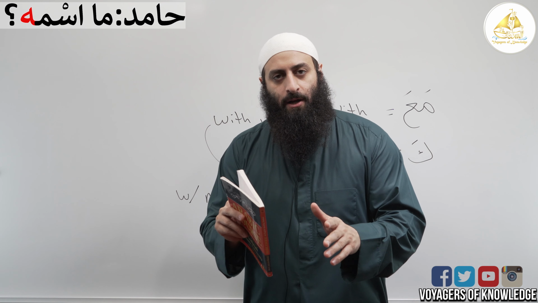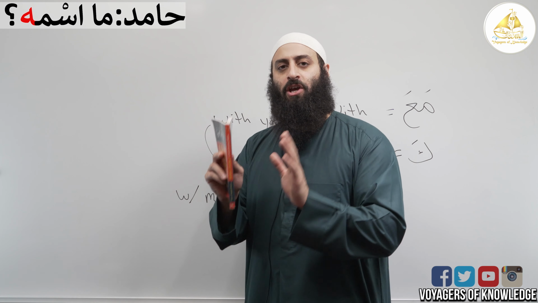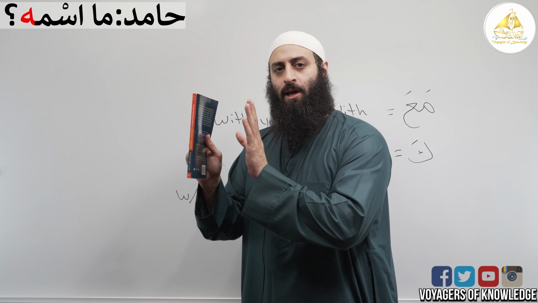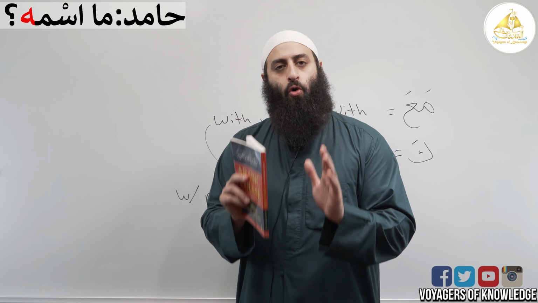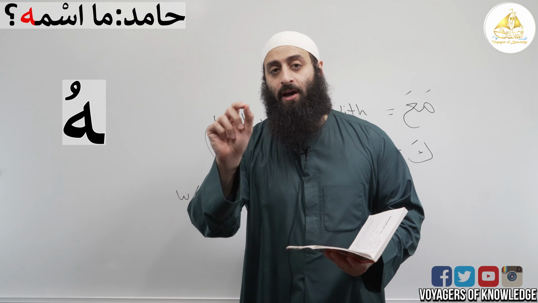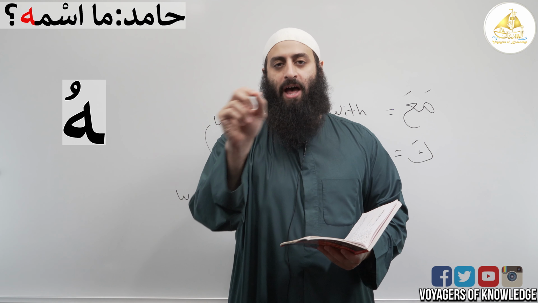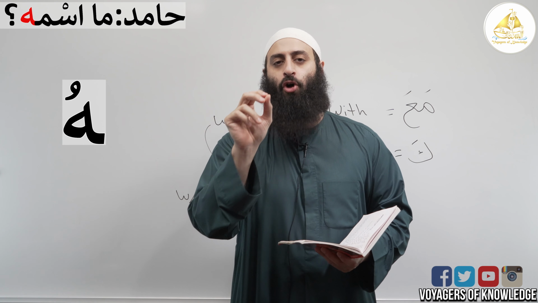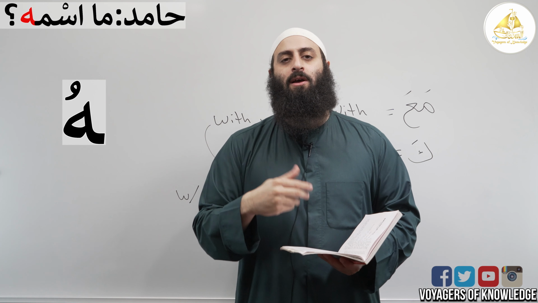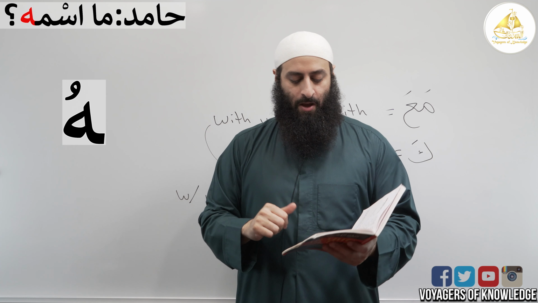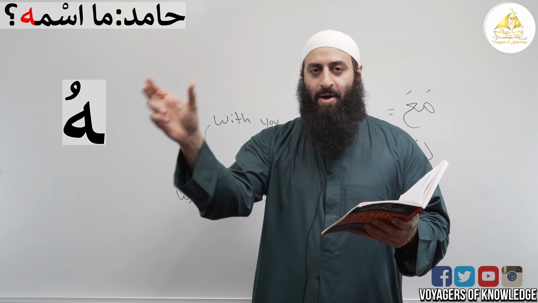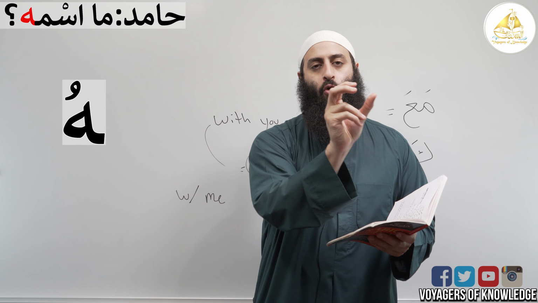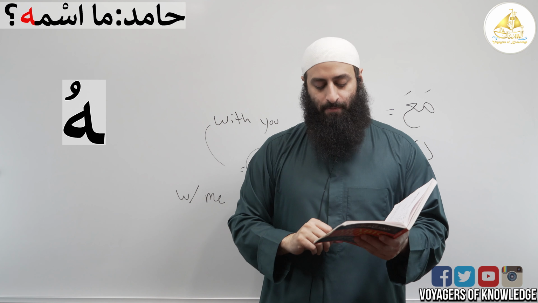We said for huwa, to say it is, when you say huwa, it means he. When you say the who attached to the word, it means his. And that's what we're taking here. Ma ismu hu. That who means his.